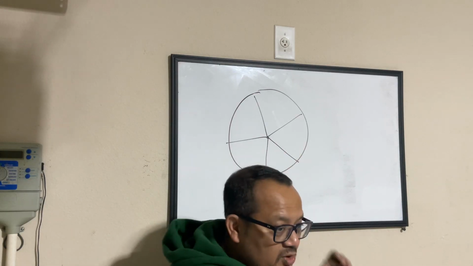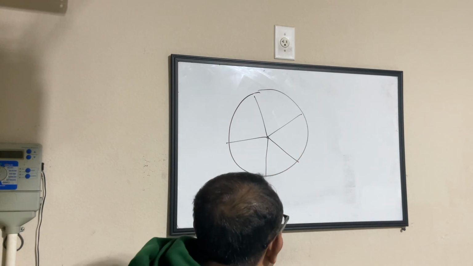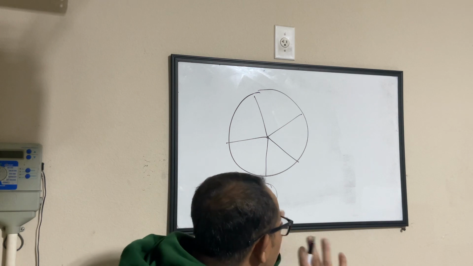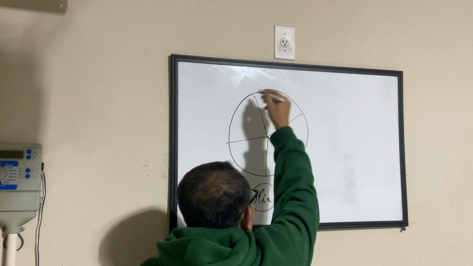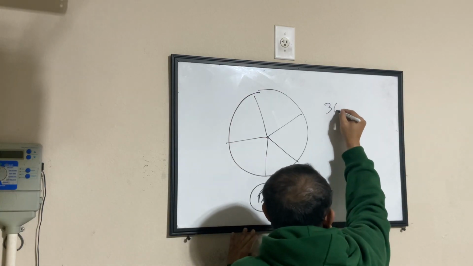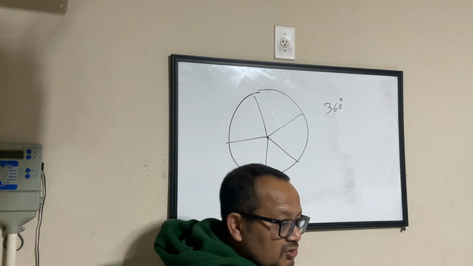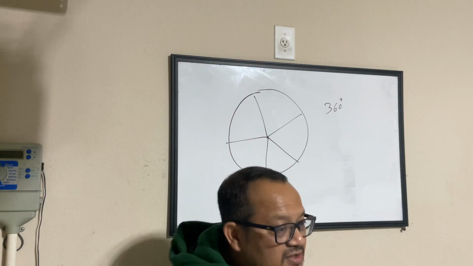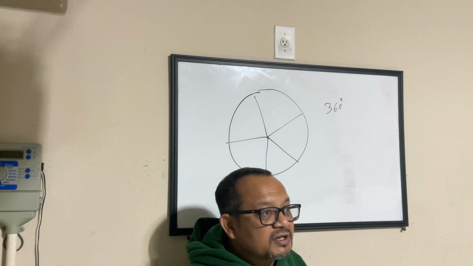But in the mathematical world, this is nothing but a circle, and every circle is made of 360 degrees. So this pie chart is used to represent the split.